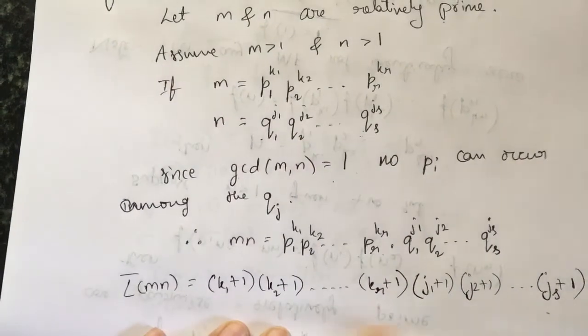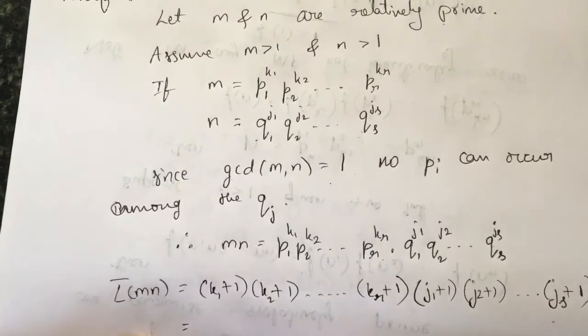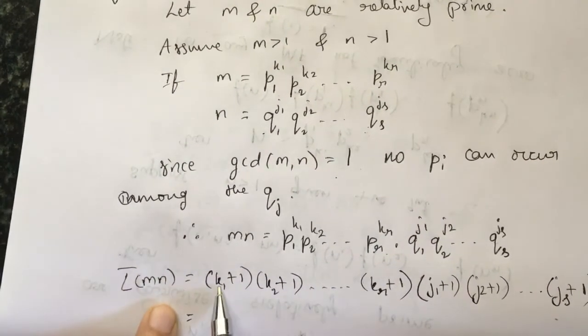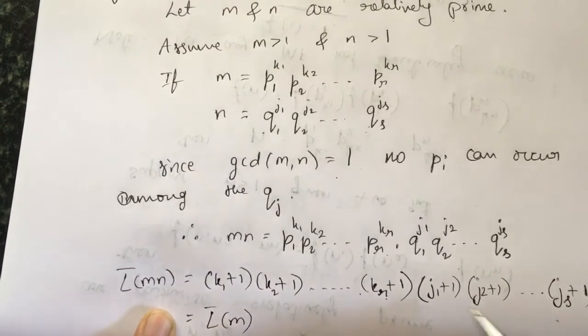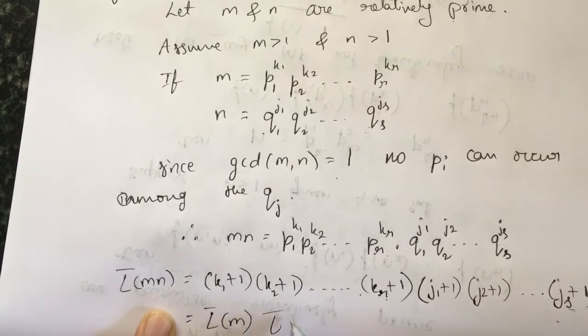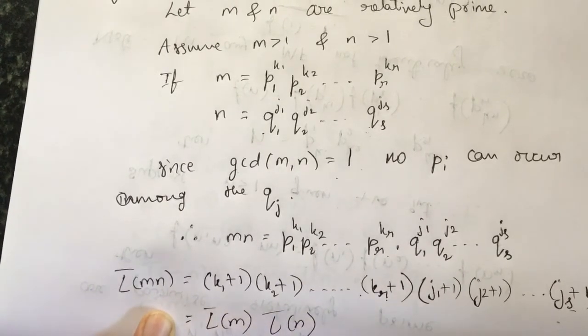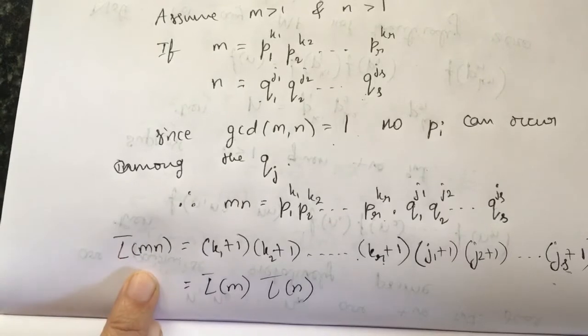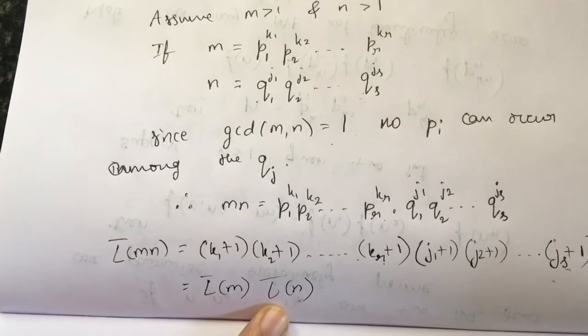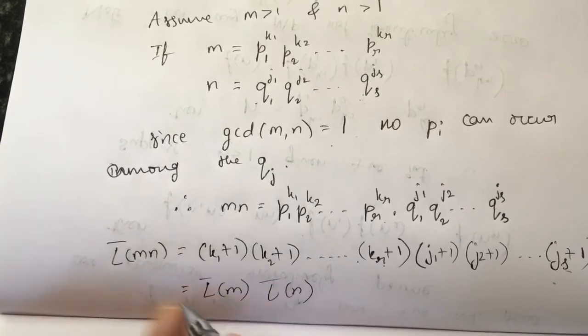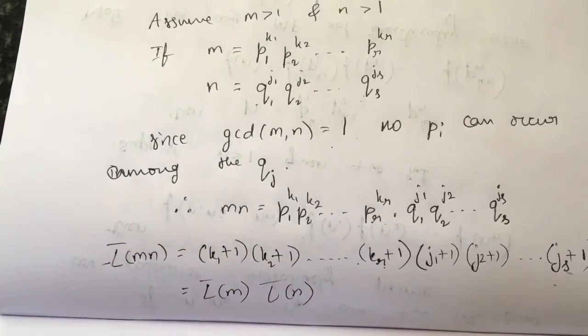Got the point? Now k1 plus 1, k2 plus 1 up to kr plus 1 is nothing but tau of m, and this is nothing but tau of n. Therefore, tau of mn equals tau of m into tau of n. So we can say tau is a multiplicative function.